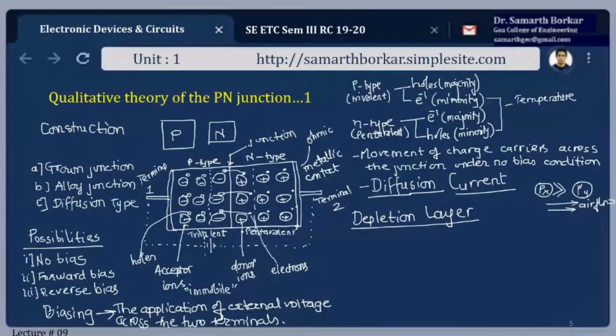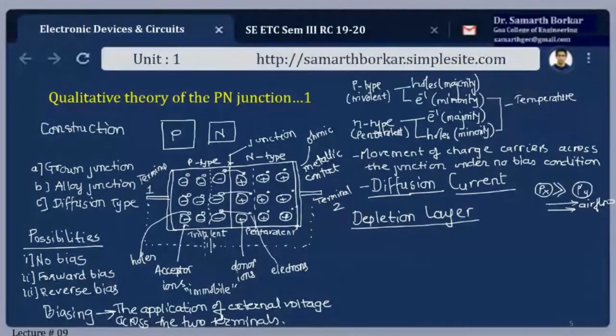Now, these are immobile ions. They cannot move. They are fixed at that particular position. These immobile ions are marked as negative here, acceptors, because they will accept the electrons. And here they donate the holes, and here they donate the electrons.